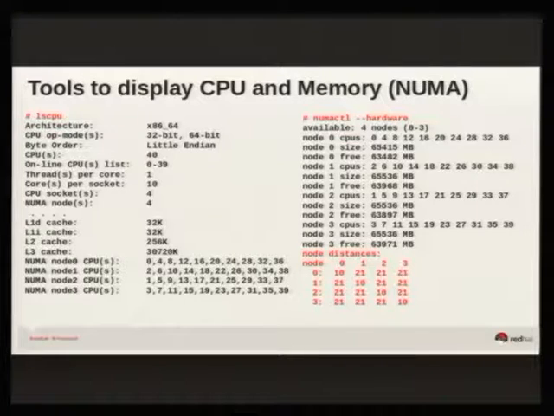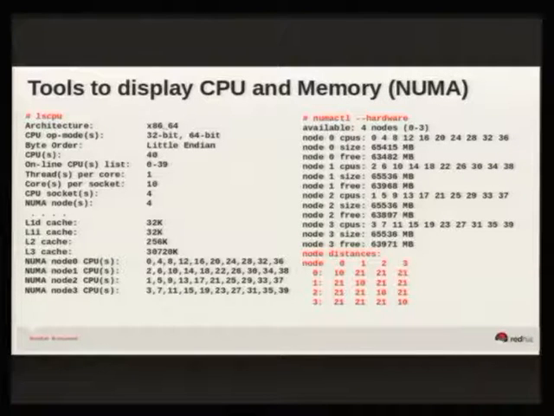Just a couple of very simple ones. lscpu, you can see this is the same system. lscpu just shows you a 4-node system. It enumerates the CPUs and describes the cache sizes and all this. And then numactl with the --hardware flag will give you a similar picture, but it also gives you a very important piece of information called a SLIT table, down in the lower right, which is the cost of doing memory access, both local and remote.